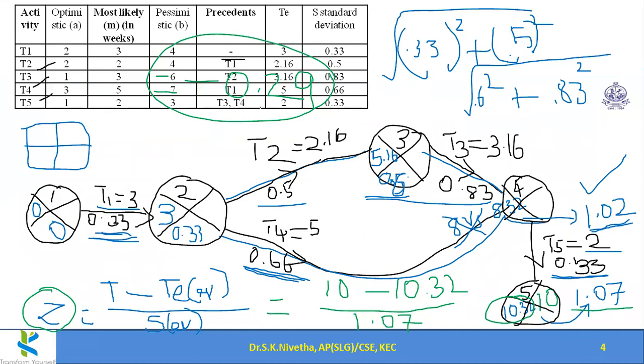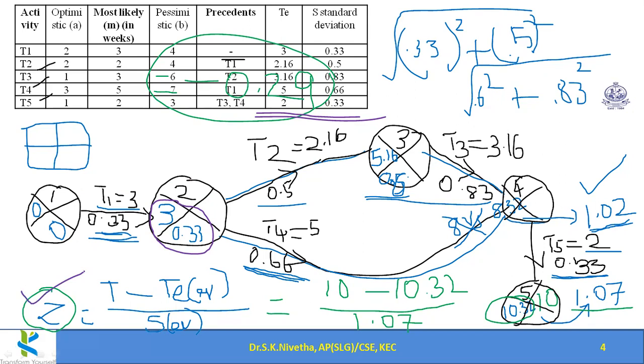After calculating the expected duration and standard deviation for activities, we have to calculate them for the events. Then for any event we can apply the Z value calculation according to our estimate.